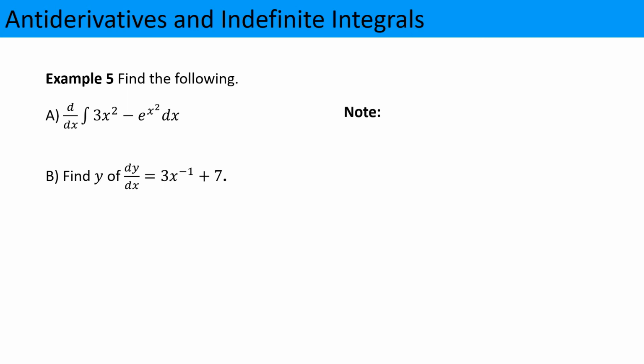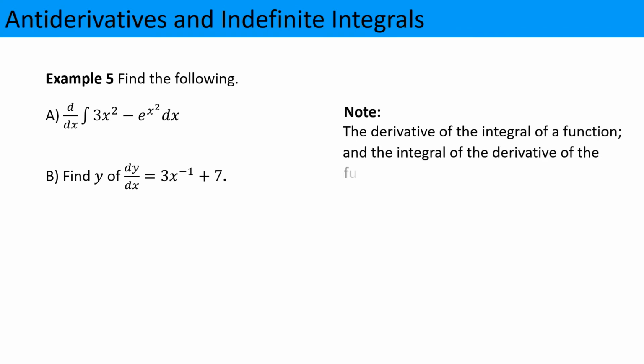Let's note the derivative of the integral of a function and the integral of the derivative of the function gives the function. And so when we take the derivative of the integral, we end up with the function itself, which would be 3x squared minus e to the x squared, and don't forget the plus c that must be included with every indefinite integral.